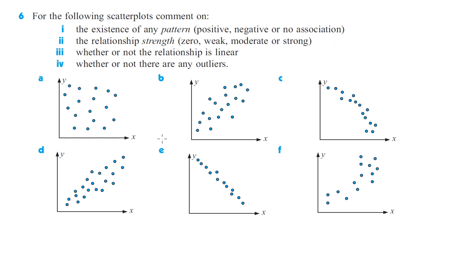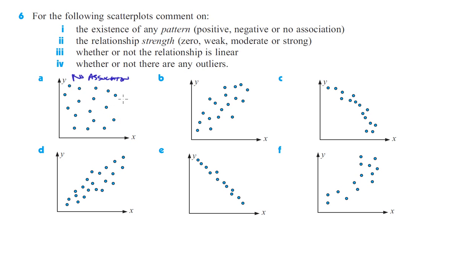For the following scatter plots, comment on existence of pattern, positive, negative, or no association, relationship strength, 0, weak, moderate, or strong, whether it's linear, and whether or not there are any outliers. Okay, so this first one looks like there is no association. Again, it's just kind of all randomly scattered throughout.